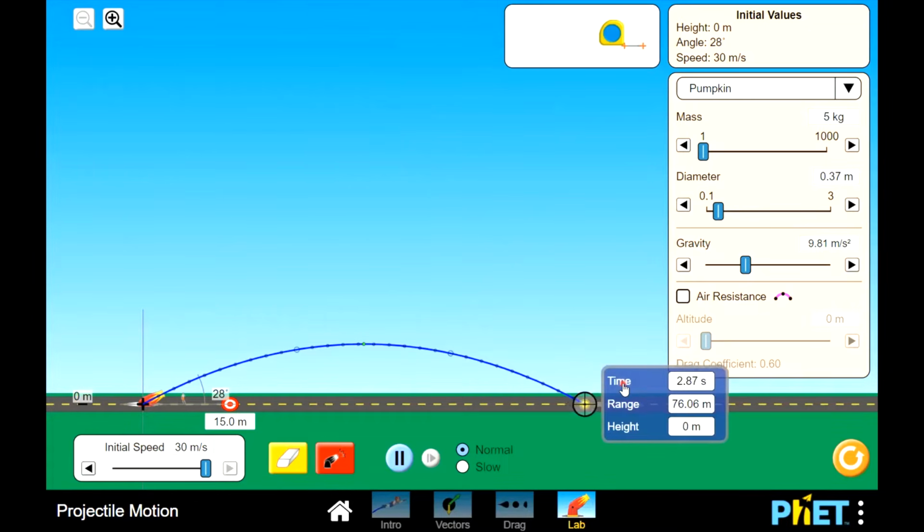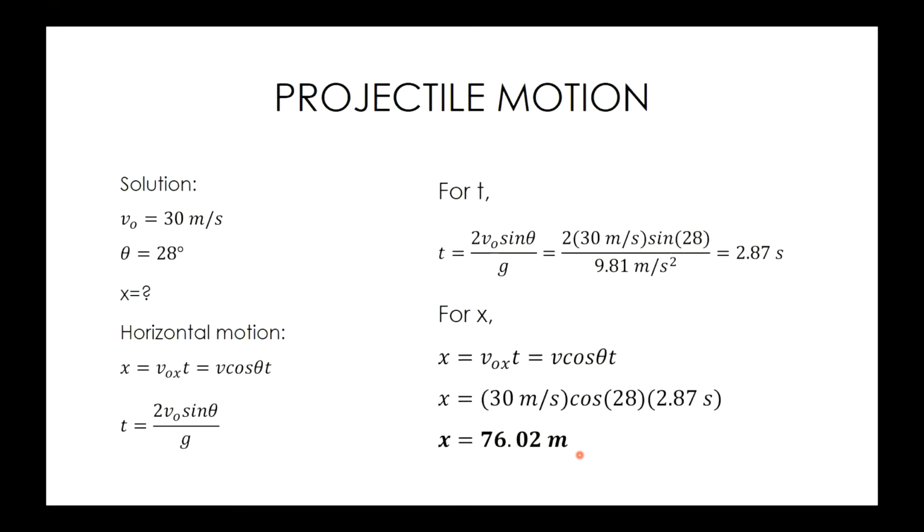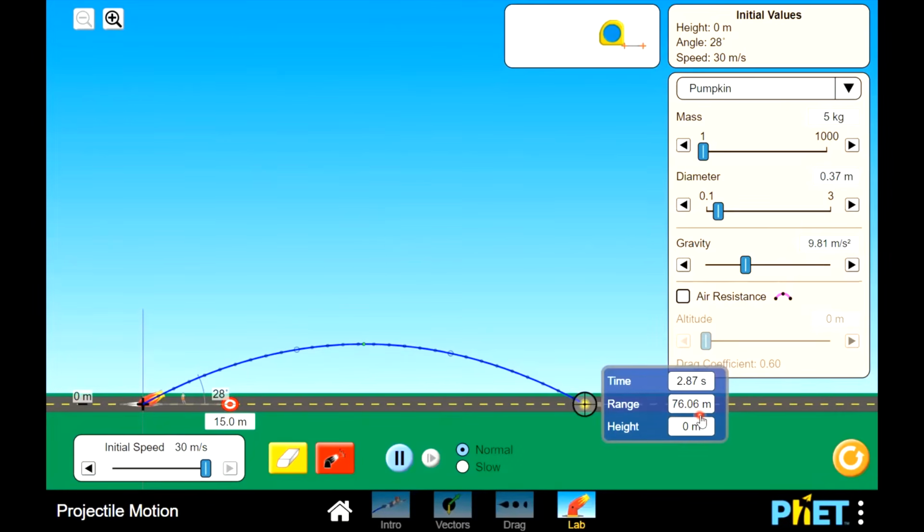And at this point, 2.87. So, ibig sabihin pala, yung time of flight na nakuha natin is the whole time simula sa first position up to the final position. And syempre, yung range na nakuha natin is dapat approximately near this range because this is the horizontal displacement traveled. So, again, we obtained 76.02 and from the simulator, we have 76.06.